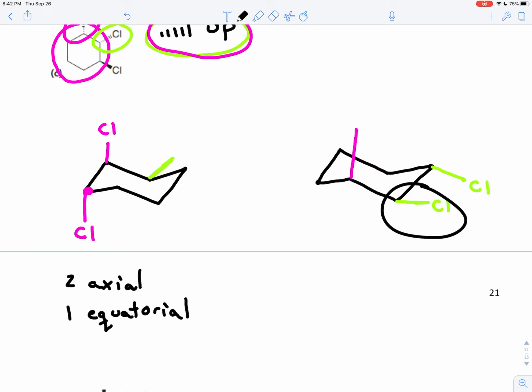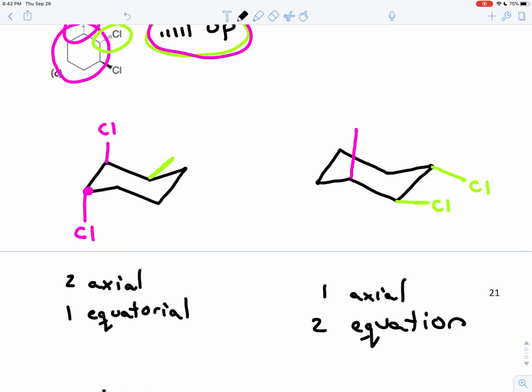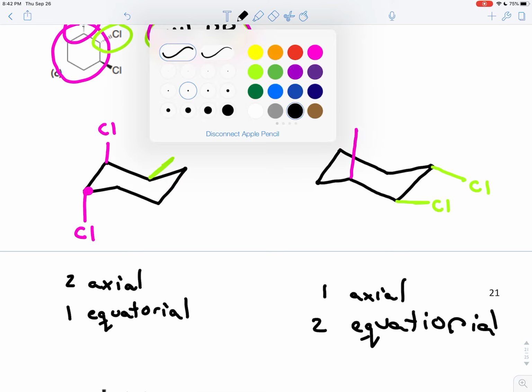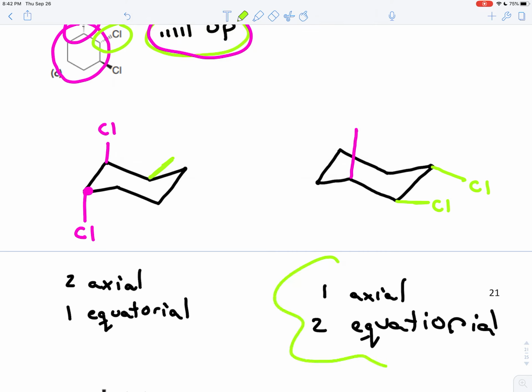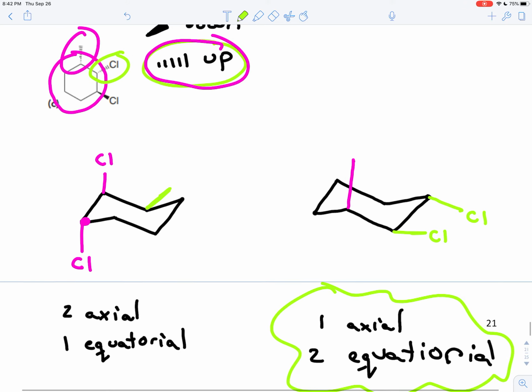Now notice, here we have two equatorial positions and one axial group. So we have only one axial and two equatorial. And so which one is more stable? The one with more equatorial groups. The one where the biggest branches, or the most branches, are equatorial.